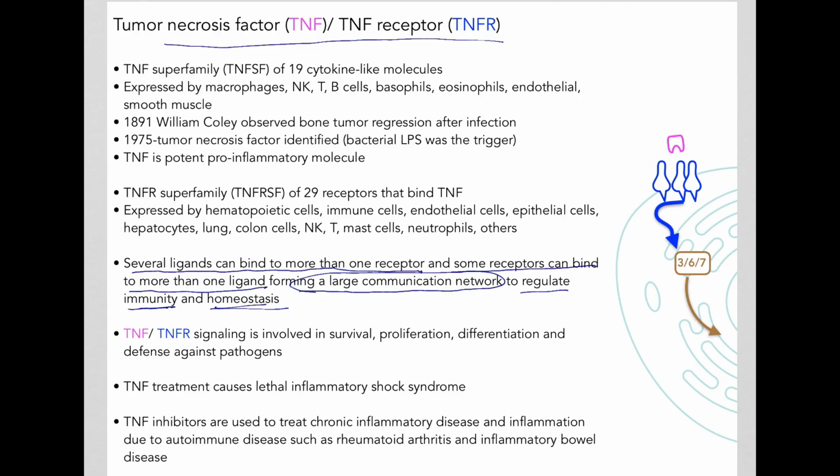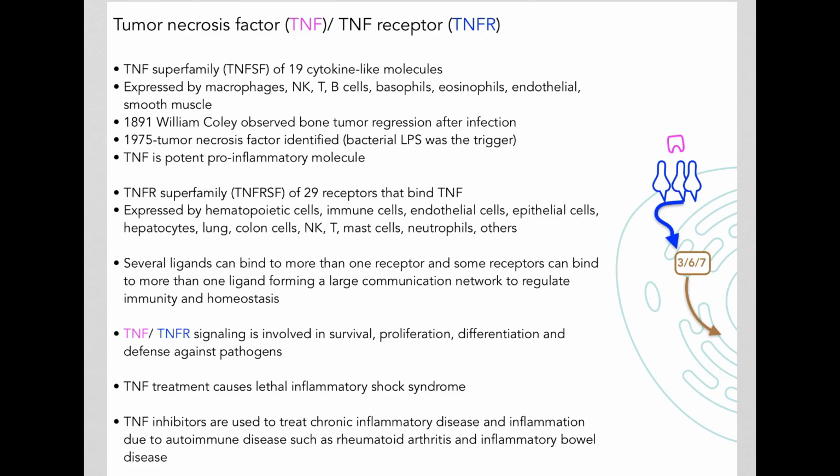For example, the TNF signaling is involved in cell survival, in cell proliferation, in differentiation, and of course in the immune system, one important function of which is the defense against pathogens such as bacteria, viruses, parasites, and so on.